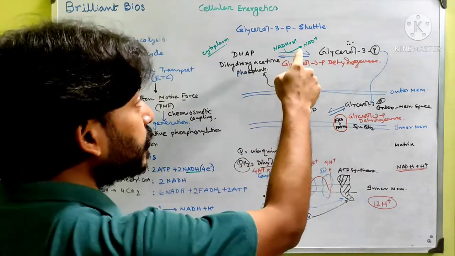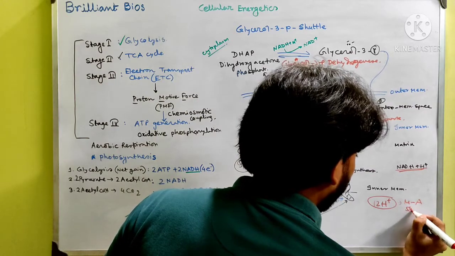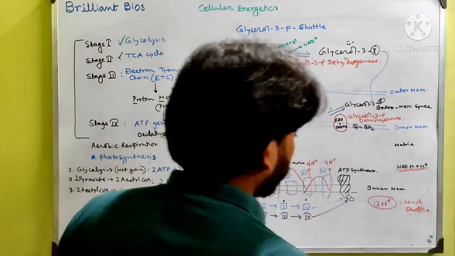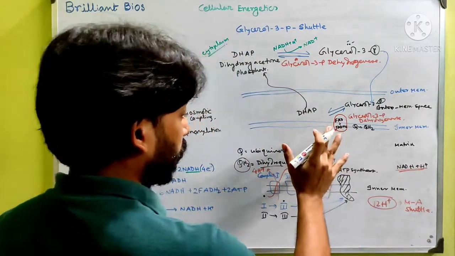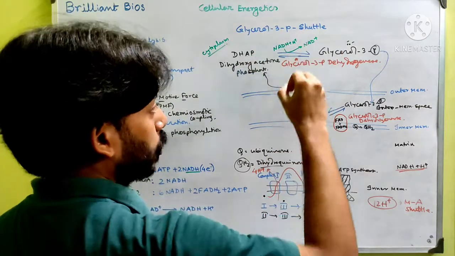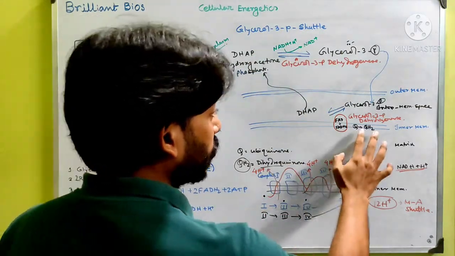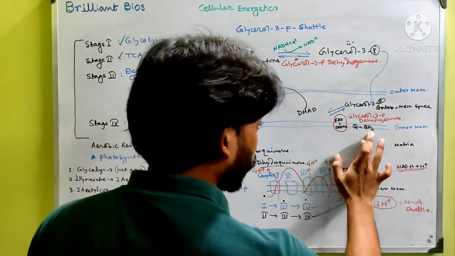Now, this is the result of the malate aspartate shuttle. For one NADH, 12 protons will be released. Now when the glycerol-3 phosphate shuttle occurs, what happens here? Ubiquinol or dihydroquinone is already produced.